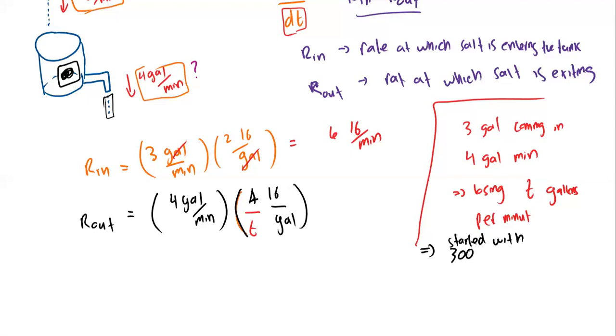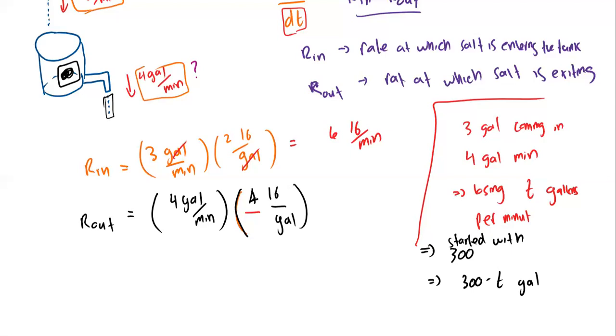So how much brine solution is in the tank at time T? Well, there's precisely 300 minus T gallons of brine solution. Again, because we start with 300, every minute we lose 1 gallon of brine solution. So we have T minutes, we've lost T gallons of brine solution.